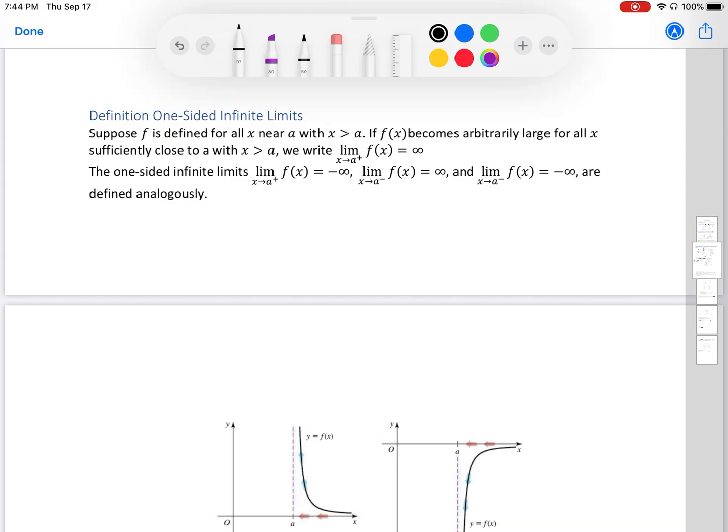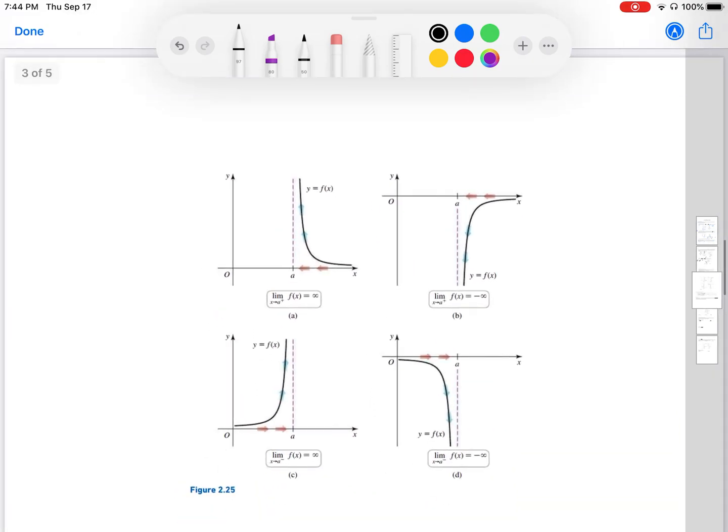The one-sided limits, the limit as x approaches a from the right side of f of x equals negative infinity, the limit as x approaches a from the left side of f of x equals infinity, and the limit as x approaches a from the left of f of x equals negative infinity, are defined analogously.